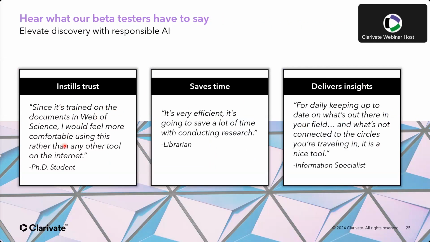So we're talking about high quality content. Saving time, it's very efficient. It's going to save a lot of time with connecting research. That's what a librarian is saying. Previous quote was from a PhD student. And then we have an information specialist who says, for daily keeping up to date on what's out there in your field and what's not connected to the circles you're traveling in, it is a nice tool. So you want to have quick information on huge volume of data.